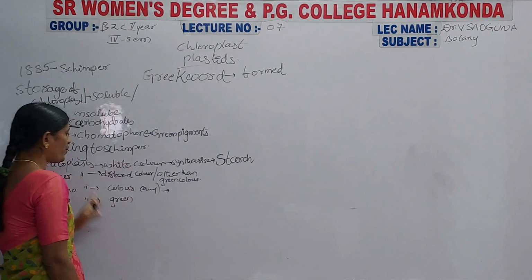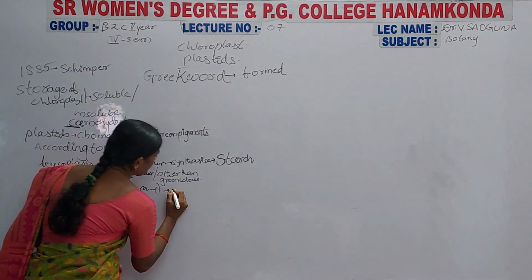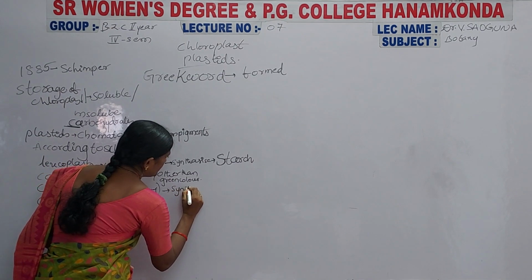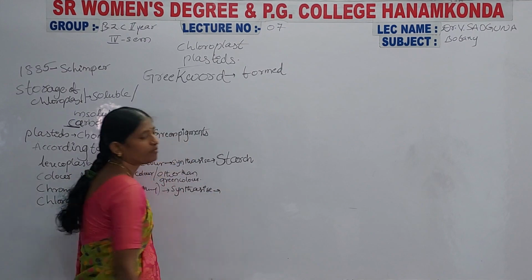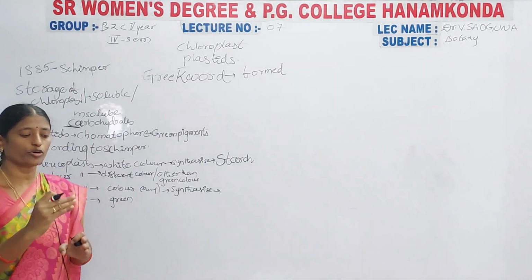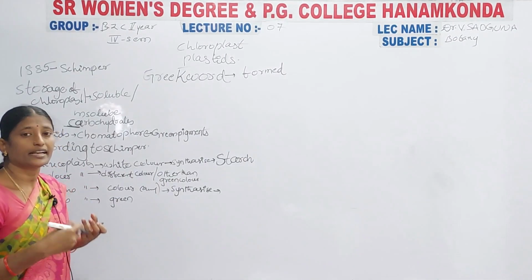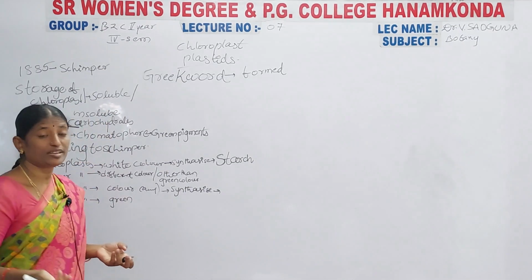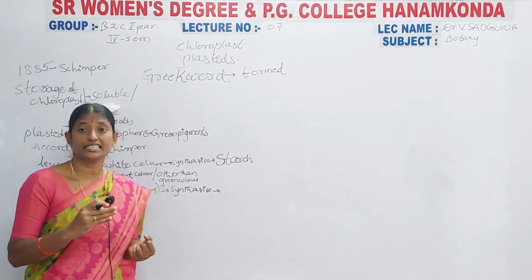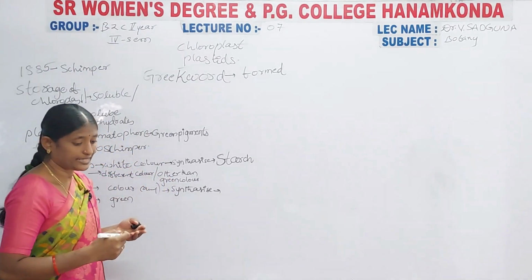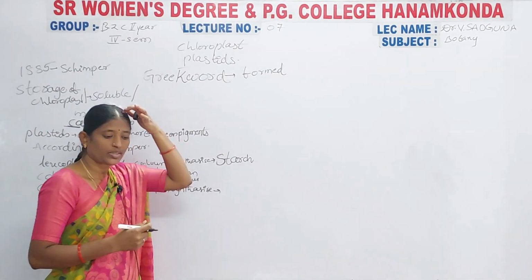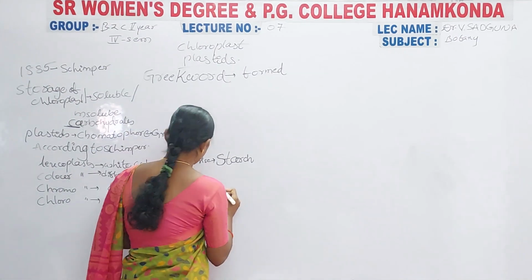The chromoplast is synthesized by chromo, which has a color, sometimes mentioned as the carotenoid pigments.